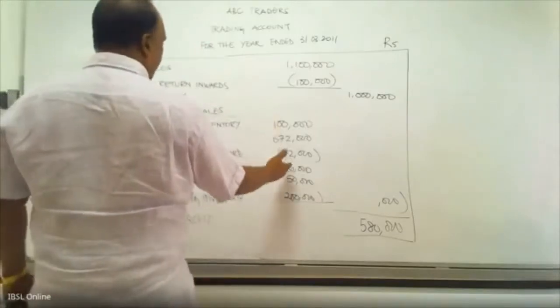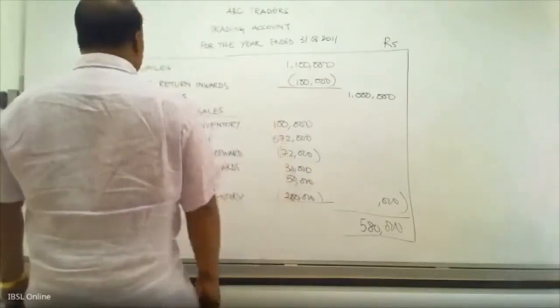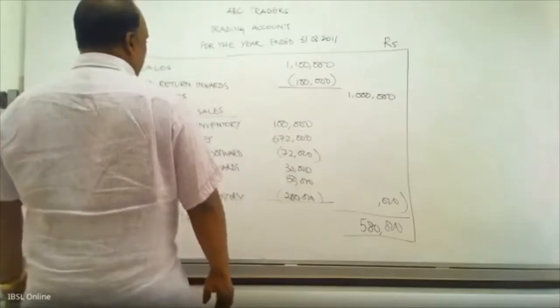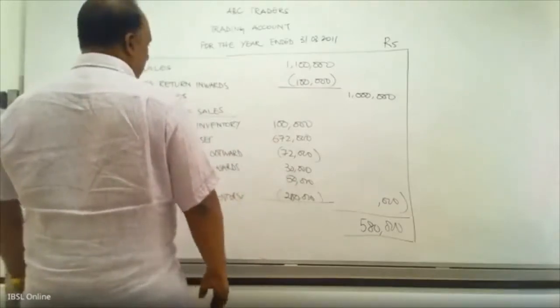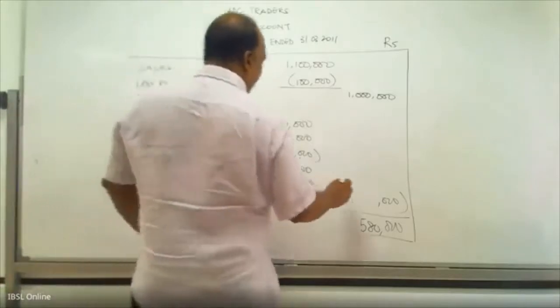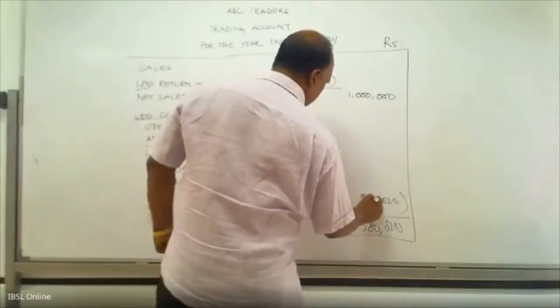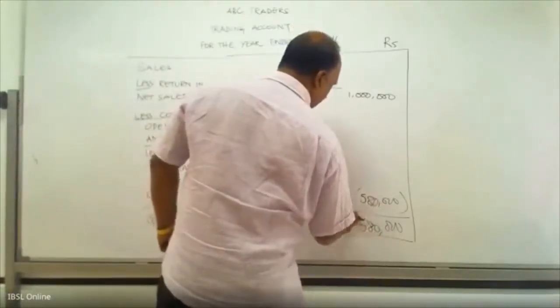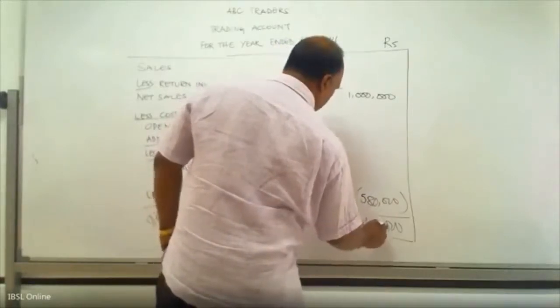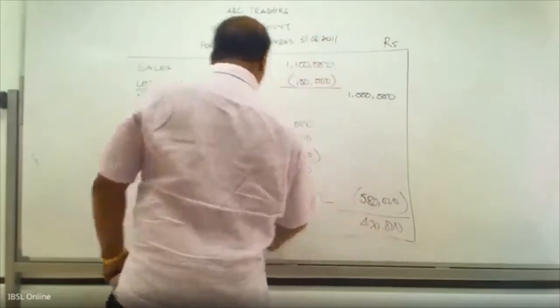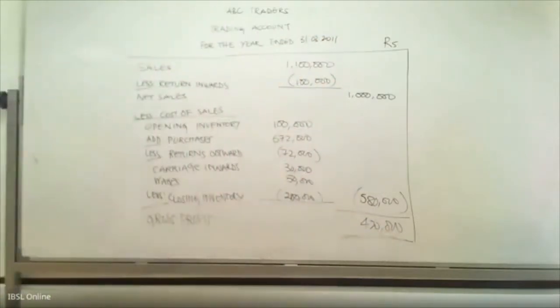So 772, it will be 780, will be 580. Then your profit will be 420. Sorry about it. 420.